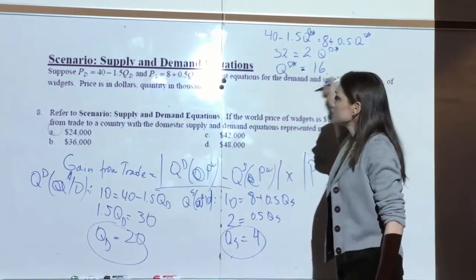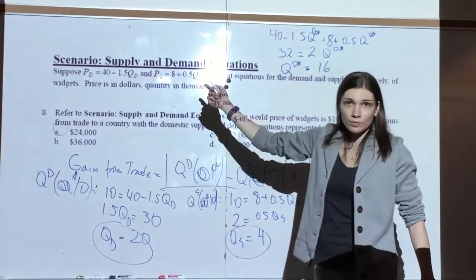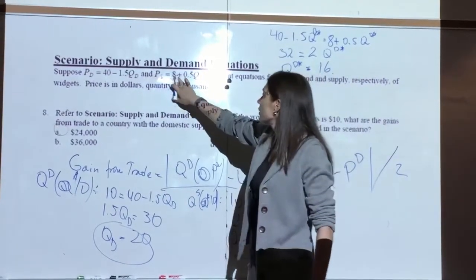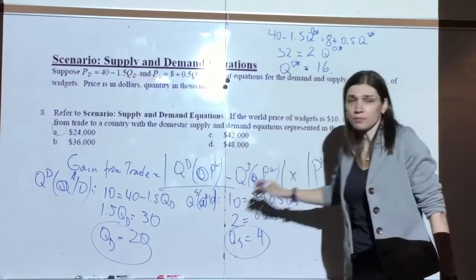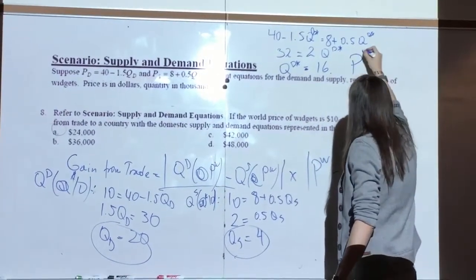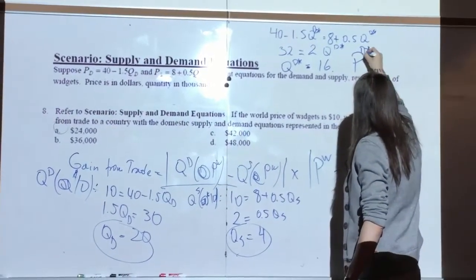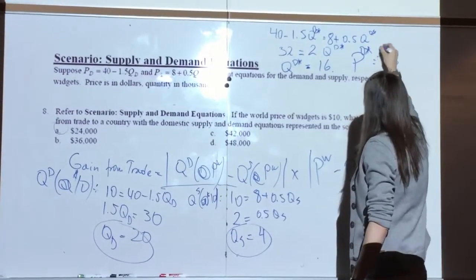Now I can plug it into either equation. Let's plug it into the supply curve: 8 plus 1/2 of 16 is 8 plus 8, which is 16. So the domestic price in equilibrium is $16.